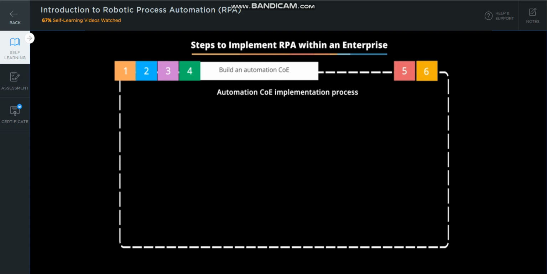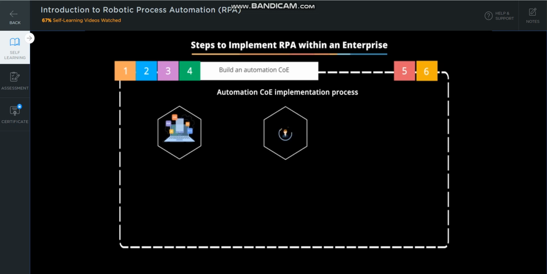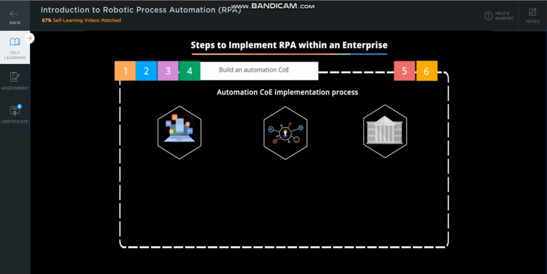Things to do to set up Automation Center of Excellence. Infrastructure. Install and upgrade RPA tools, virtual machines, and so on. Centralization of knowledge, information, etc., for employees to upskill and implement attended and unattended bots. Governance.